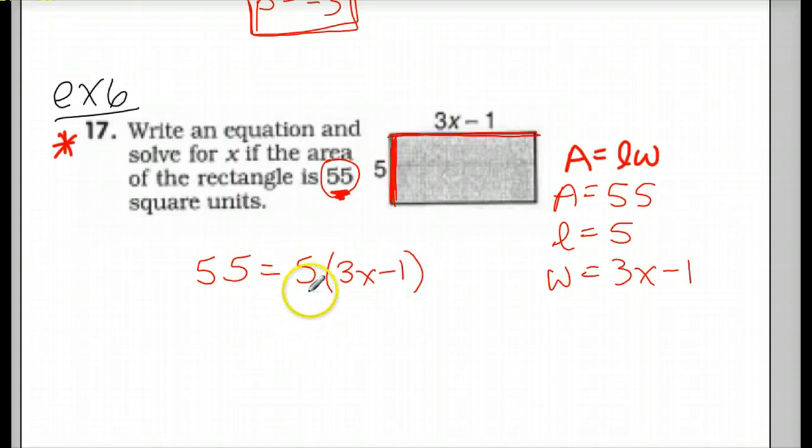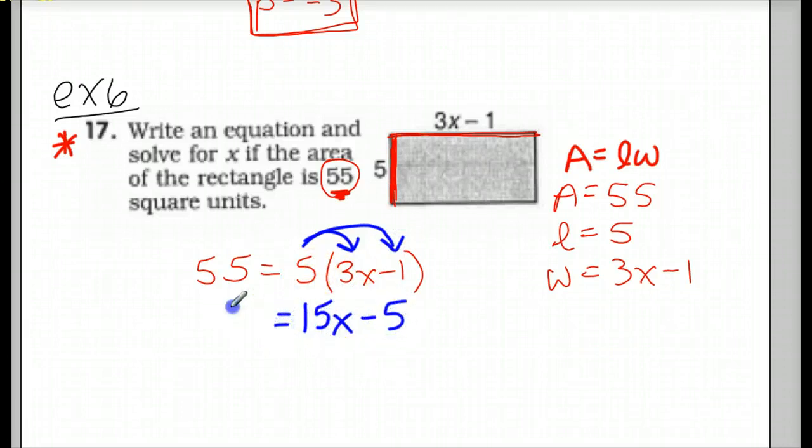Well, looky there. We have distributive property, and they want us to solve for x. So let's do it. We distribute this 5 to the 3x and the negative 1. So we get 5 times 3x is 15x. 5 times negative 1 is negative 5. And that equals 55. Now we have a what? Two-step equation. Yay!